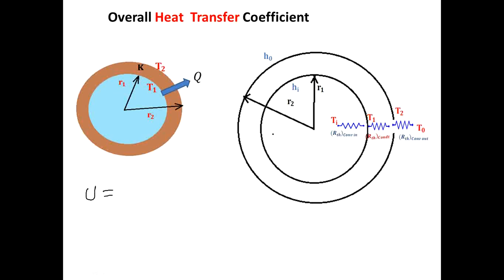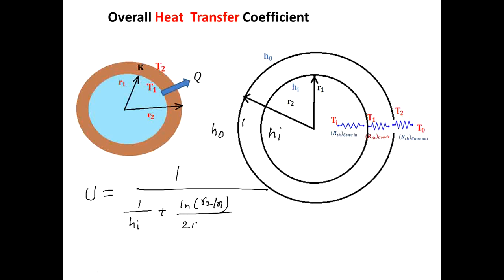Therefore, your overall heat transfer coefficient is U. Suppose it is having internally Hi, externally H0, and in between you have R1, R2. Therefore, the overall heat transfer coefficient we shall write as 1 divided by Hi plus ln of R2 divided by R1 divided by 2 pi Lk plus 1 divided by H0 plus fouling factor.